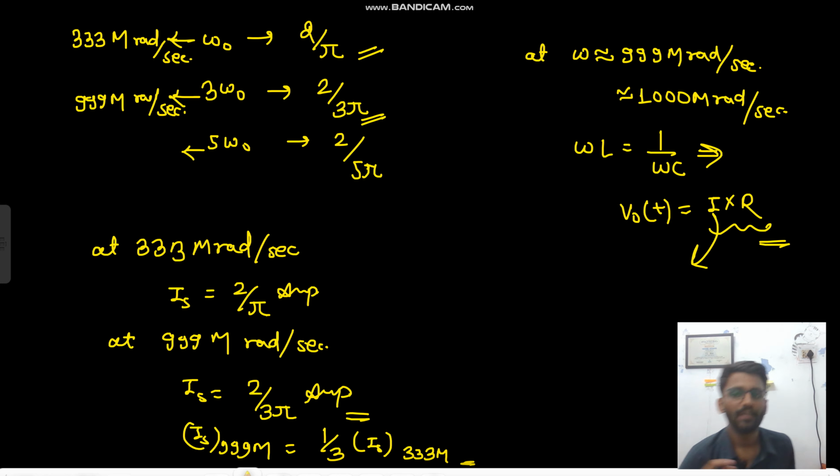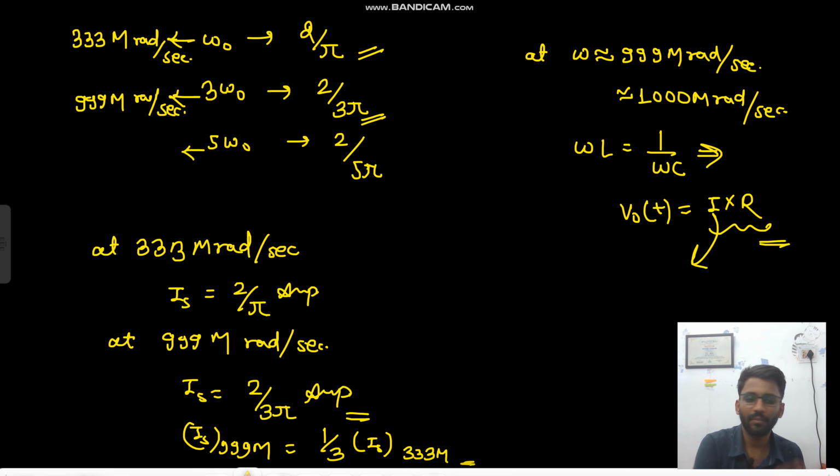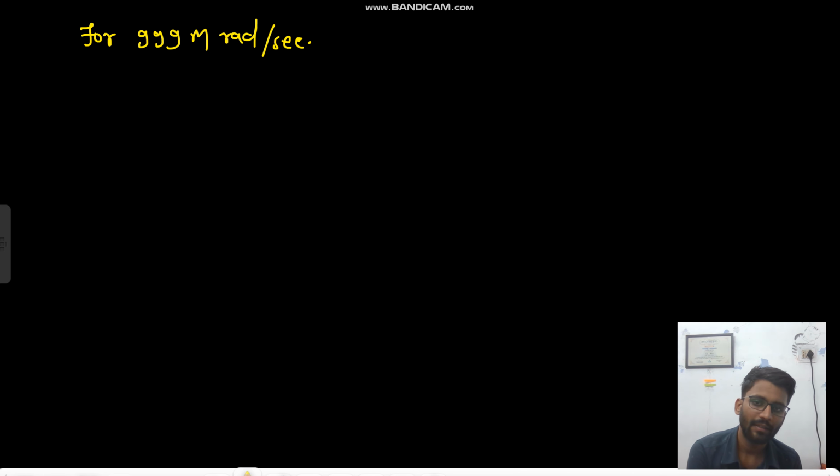Okay. So now what you need to do is calculate the V naught of t in both of the cases. For 999 mega radian per second, your omega L is equal to 1 by omega C. So your circuit will reduce to something like this.